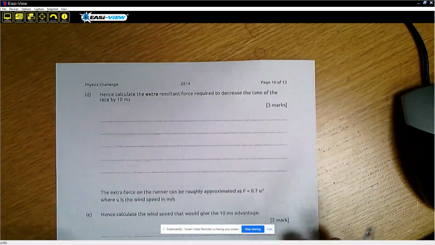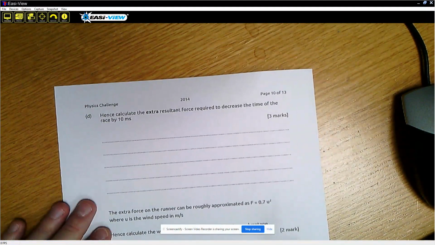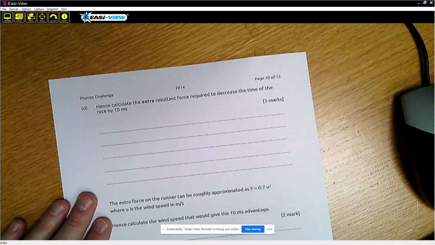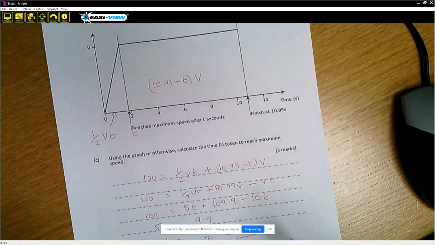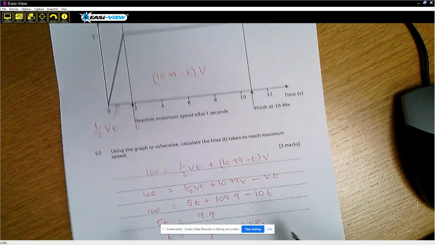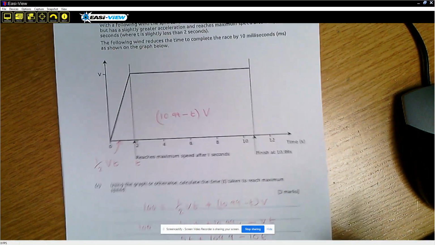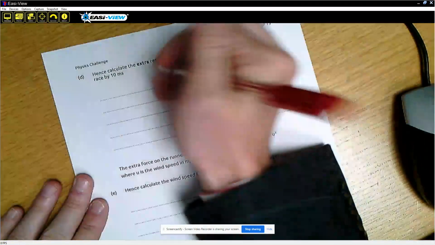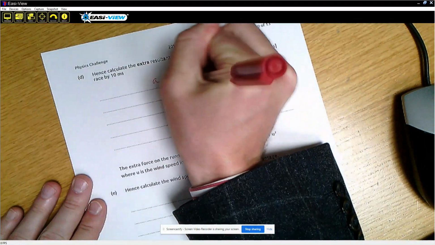Calculate the extra resultant force to decrease the time of the race by 10 milliseconds. So we can find the new acceleration. The new acceleration was slightly higher. So the new acceleration a is v minus u over t.